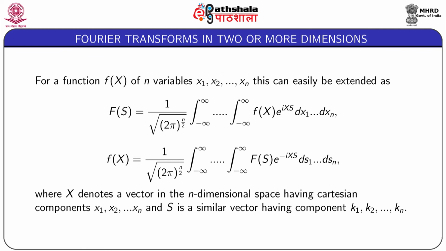Similarly, the inverse transform is defined in this form, where capital X denotes the vector in n dimensional space having Cartesian components small x1, small x2 up to small xn, and capital S is the similar vector having components small k1, small k2 up to small kn.